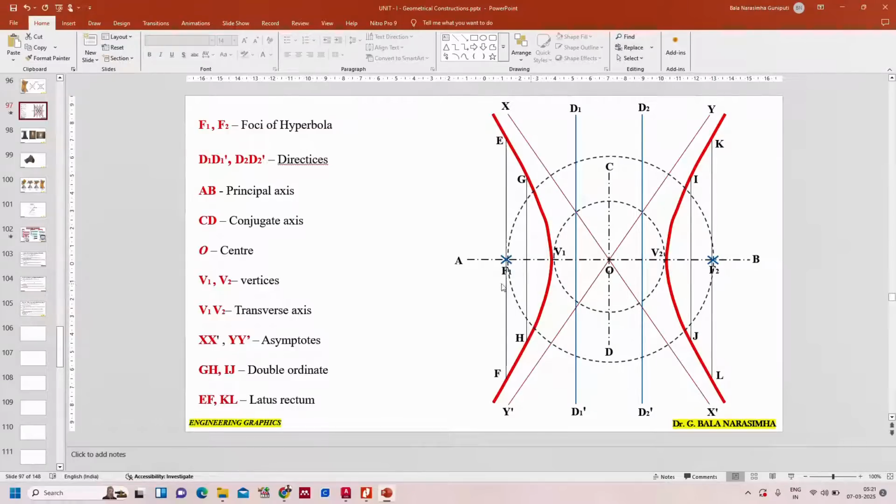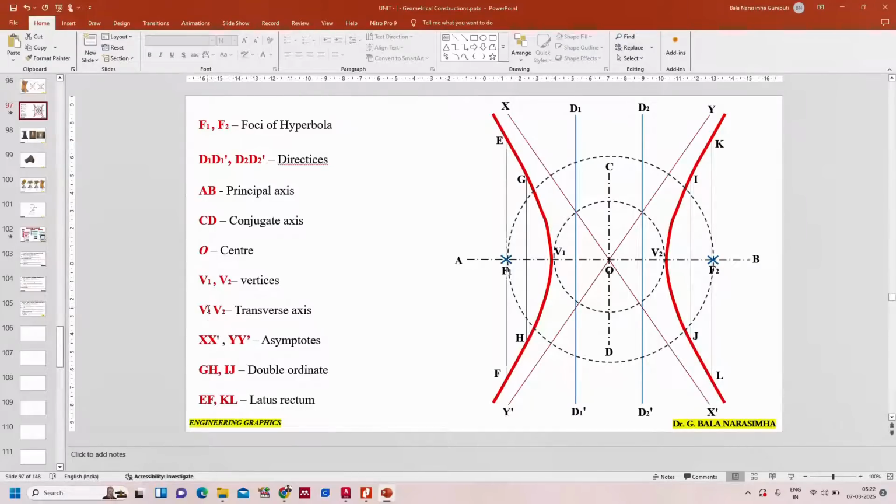The chords which are perpendicular to the principal axis are called double ordinates: IJ, KL, GH, EF. Though I especially mentioned EF and KL are latus rectum. Though it is a double ordinate, the double ordinate which passes through the focus point is called the latus rectum. That's why we named EF and KL as latus rectums.